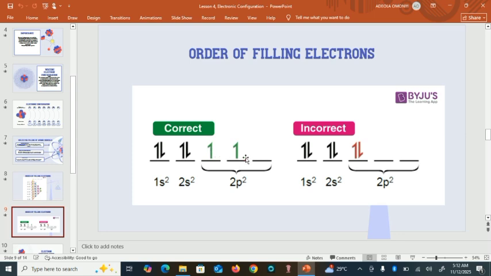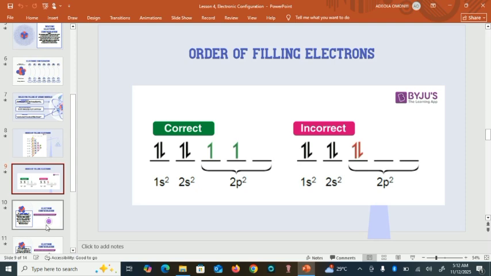Since it is the same sub-energy level, you have to fill it singly first. Fill this, if you have more electrons, fill this, then you fill the reverse electron. This is absolutely incorrect, because you can't fill this up before you fill the remaining ones. You have to fill this singly first, according to Hund's rule.